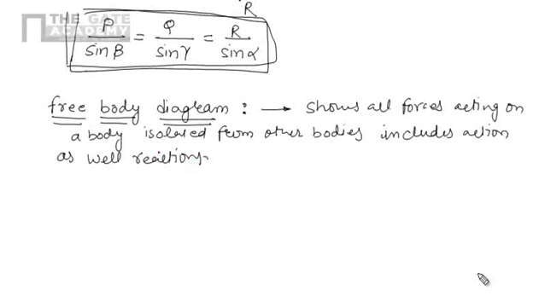So in a free body diagram, first we have to isolate the desired body from other bodies, and we have to show all forces which include actions as well as reactions.